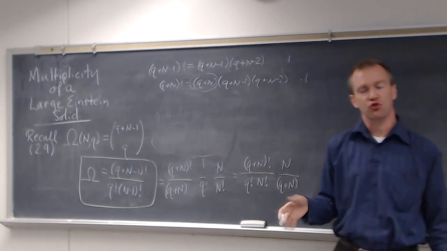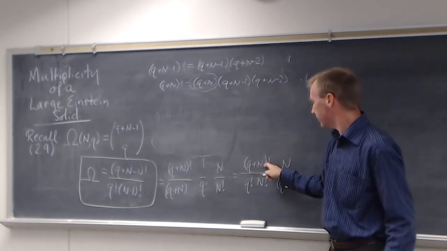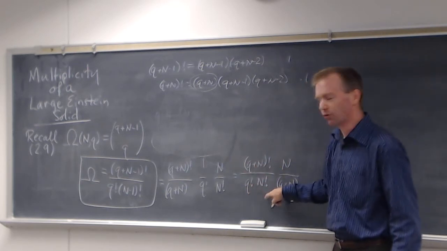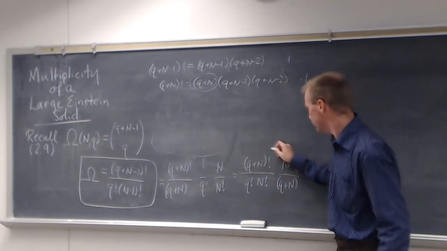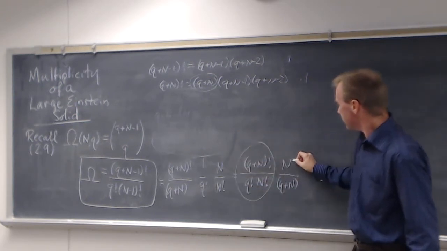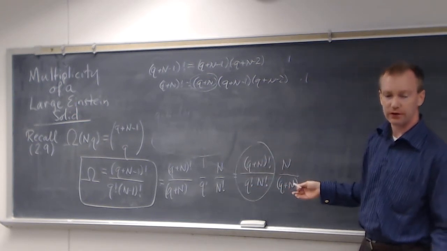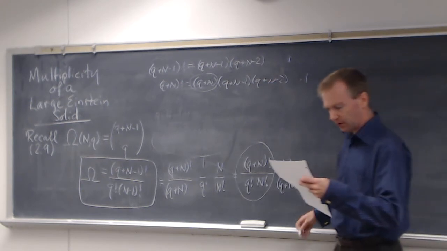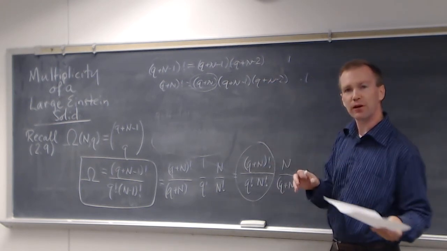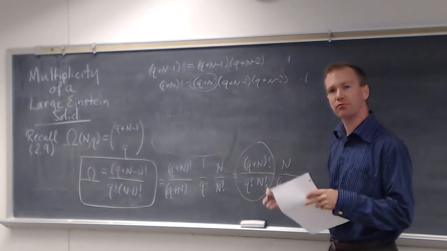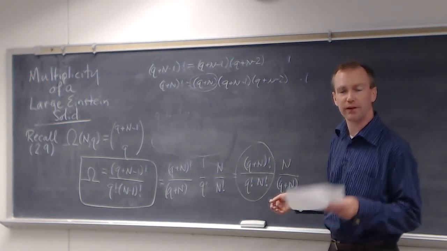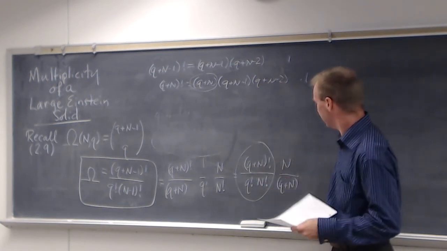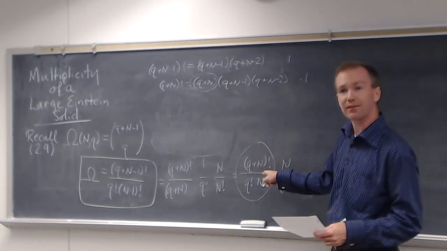Q and n individually are large numbers. So q plus n factorial, q factorial, n factorial, all of those are very large numbers. N over q plus n is again a large number. So if I have very large numbers times large numbers, I can drop the large numbers. That's a property of the very large numbers. So I can just take that there.